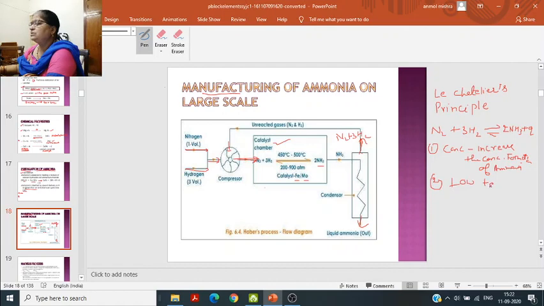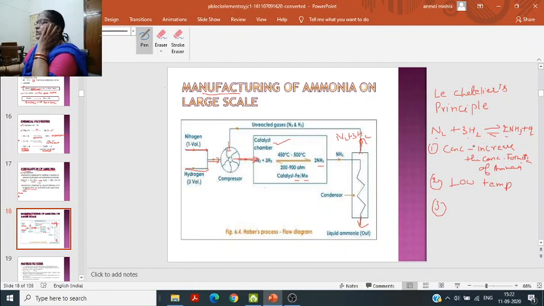Low temperature. And the third condition is pressure. Now for pressure, add the number of moles on the reactant and product sides, and the side which has fewer moles will be favored. Here it is 1 plus 3, that is 4, and here it is only 2.